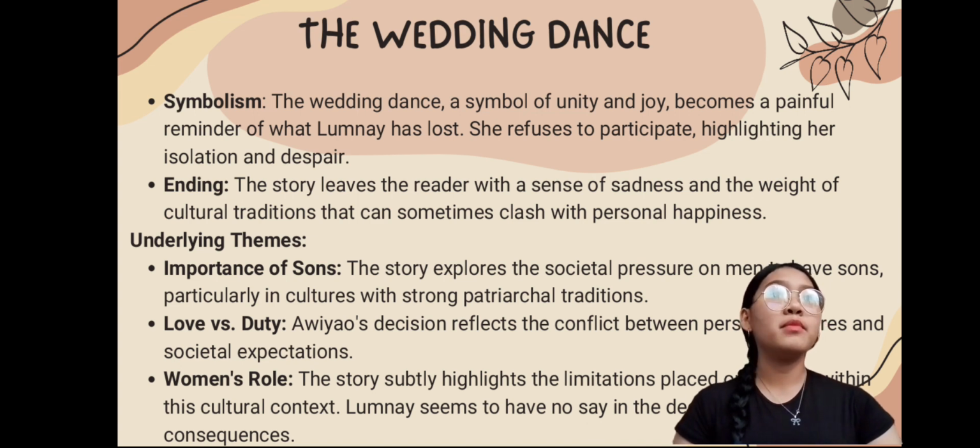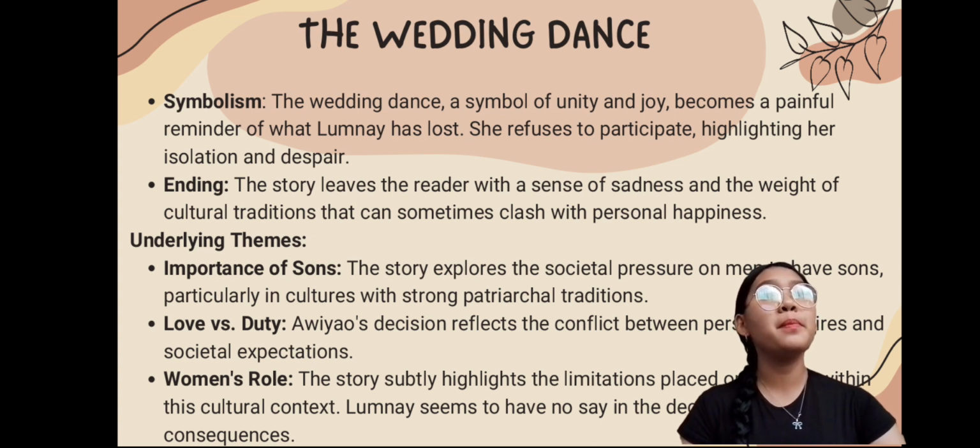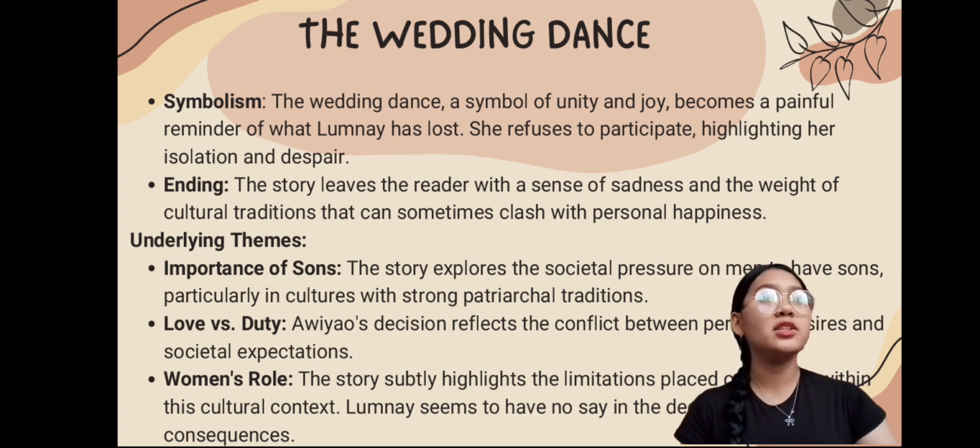Awiyao, though conflicted, invites her to participate in the traditional wedding dance. The wedding dance, a symbol of unity and joy, becomes a painful reminder of what Lumnay has lost. She refuses to participate, highlighting her isolation and despair.